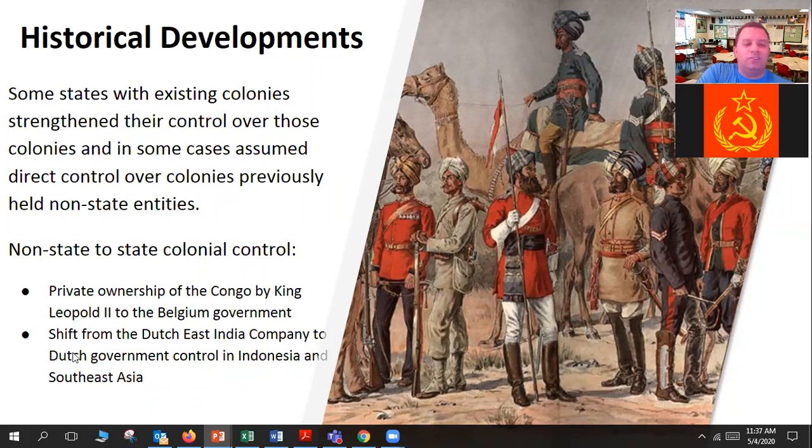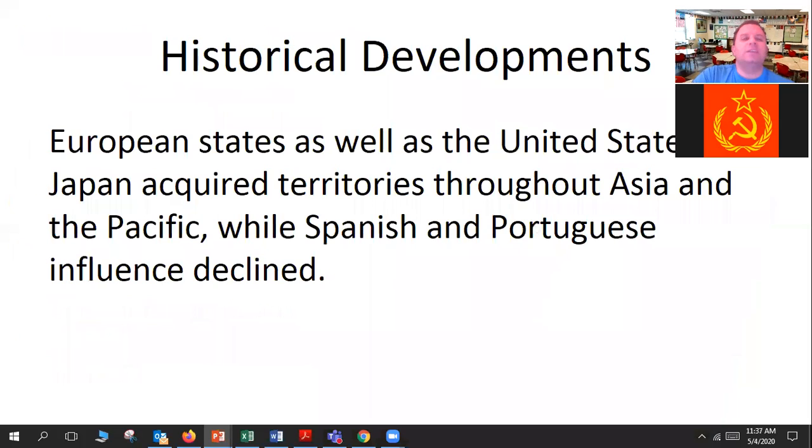And so you have it shifting from control by a company, the Dutch East India Company, to the government. So now the government is in control. So these are two opposite things happening, okay? You have the Belgian government giving up control of the Congo, whereas you have the Dutch government taking control of Indonesia, okay? And so both things are happening, in some cases simultaneously, okay?